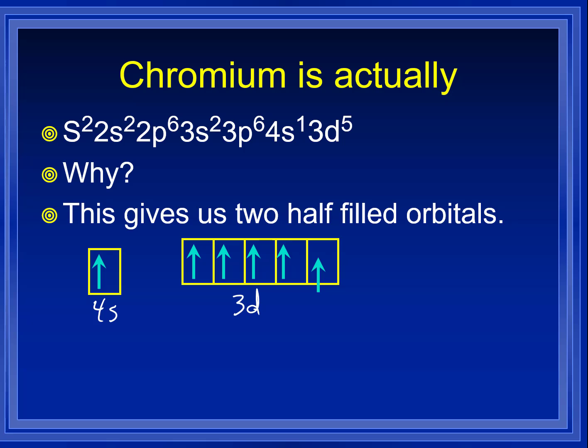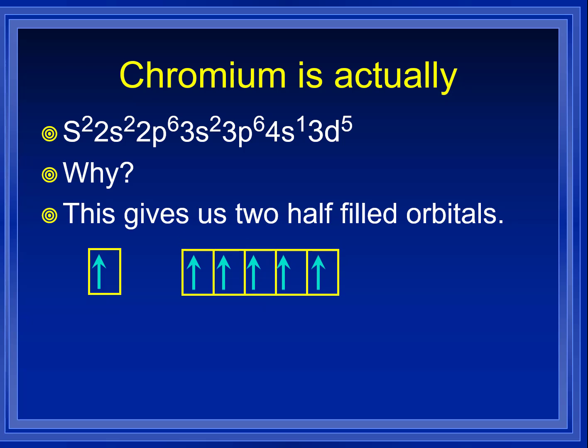So let's look at that again. The 4s electron moves to the 3d. And once it's there, it makes that 3d have lower energy. And lower energy fills up first. So I went from s2 d4, full and nothing special, to s1 d5, half full and half full.